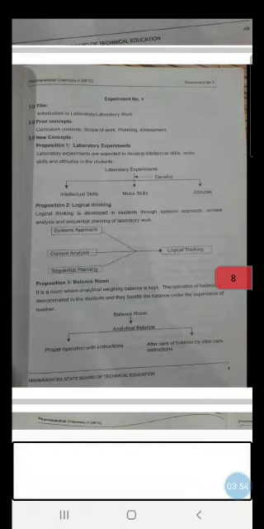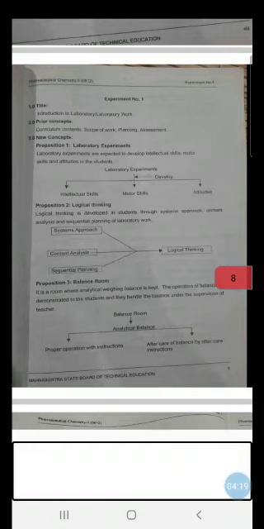Now, in this room, there is one chart hanging on the wall. This chart contains a number of instructions which you must follow for accurate weighing and smooth working of your balance.